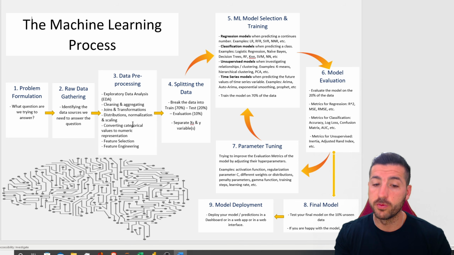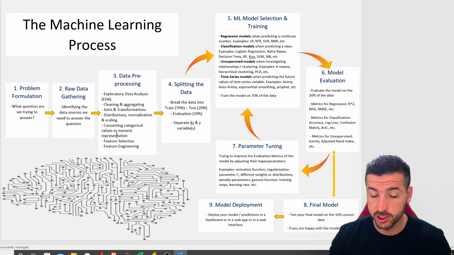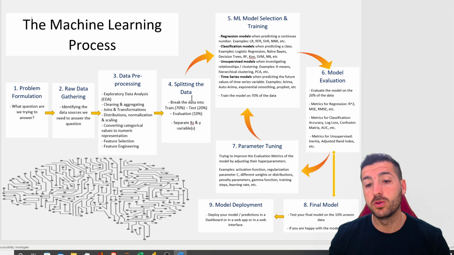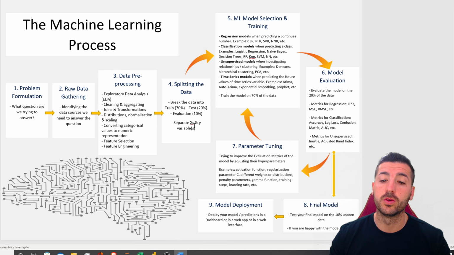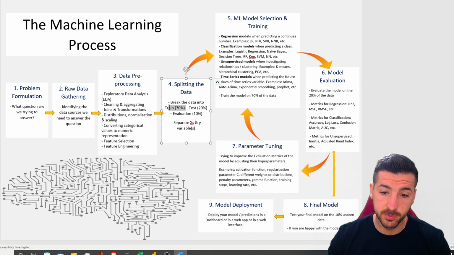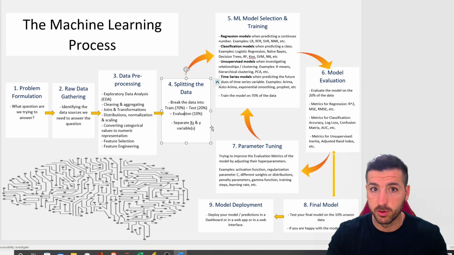You are going to convert your categorical values into numeric representation, and you're also going to do feature selection and feature engineering. Then when you have your raw data ready, you are going to split the raw data into train, test, and evaluation. And the reason we're doing this is so that we can train the model on this 70% of the data.